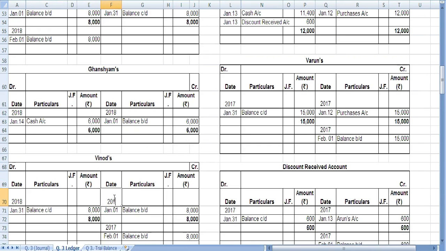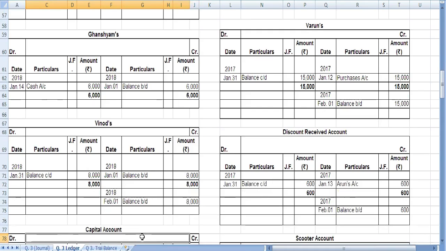Vinod is also a creditor, so opening balance is 8,000 and nothing was paid, so to balance the CD we have to bring 8,000 on this side, so both sides match. Closing balance 8,000, and on February 1 on this side we have the balance BD 8,000.